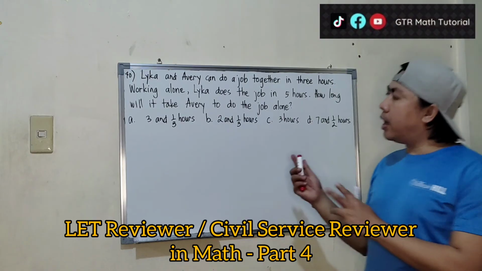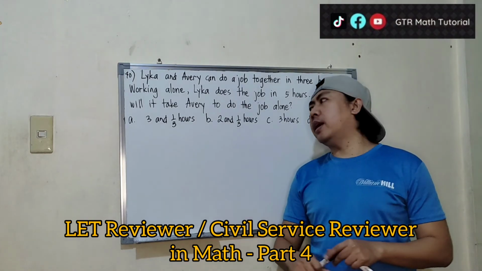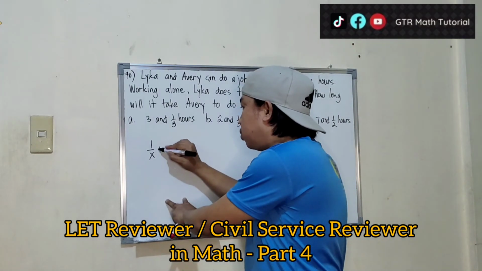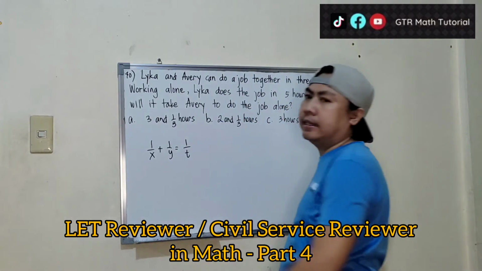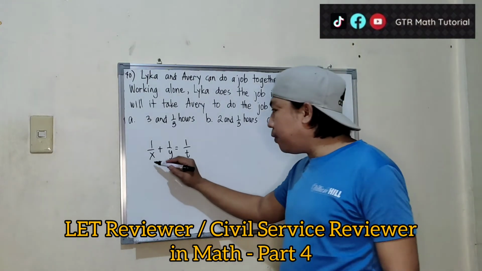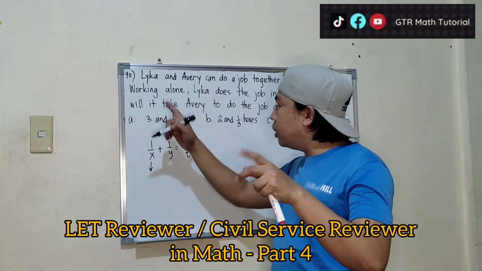So pag ganitong mga work problem, ang formula na ginagamit natin ay ganito: 1 over x plus 1 over y equals 1 over t. Kahit anong variables naman pwedeng gamitin. Itong 1 over x, ito yung rate nung first person alone.